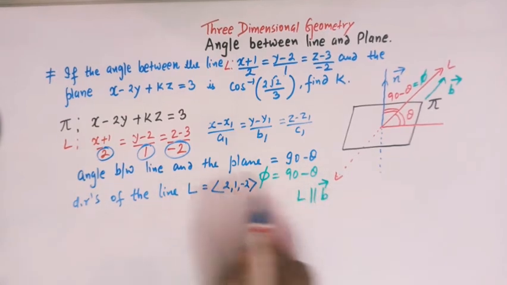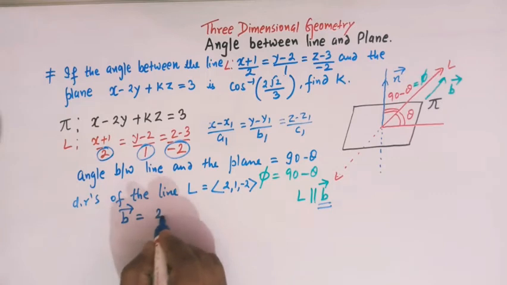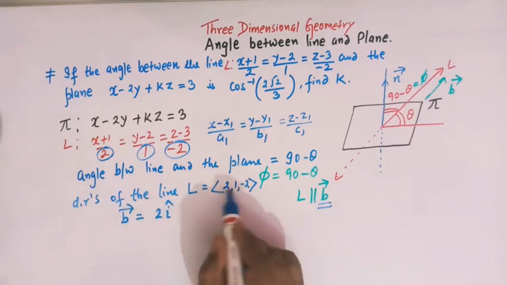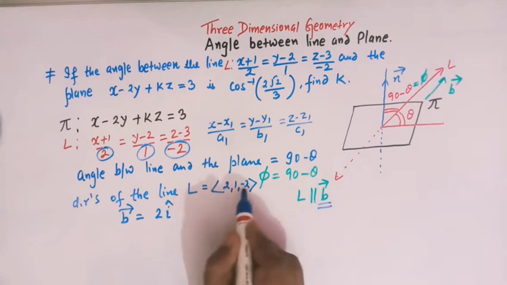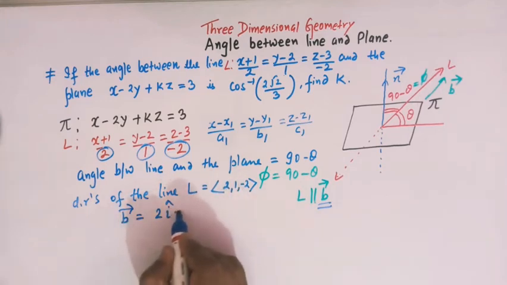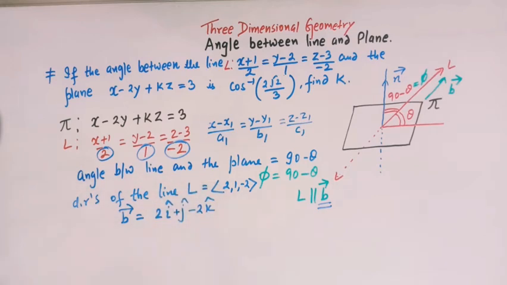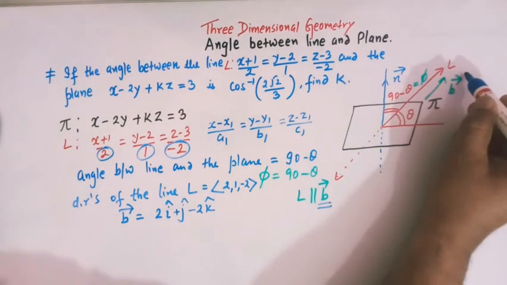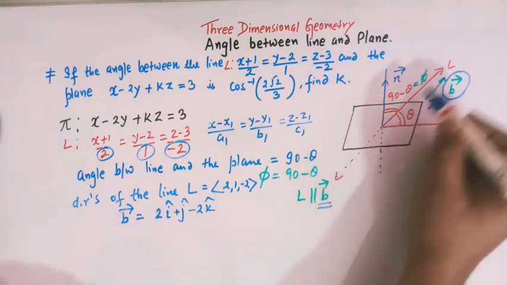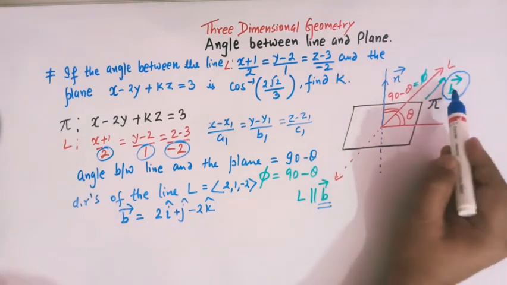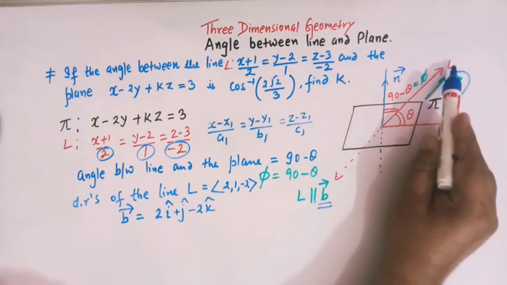So this vector b can now be written using these numbers. So this vector b is given by 2i cap + j cap - 2k cap, right? Okay, so now we have obtained this vector b which is parallel to this line L, and this vector b gives the direction ratios of the line L, right?